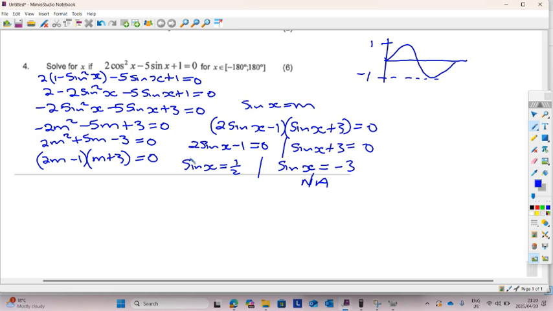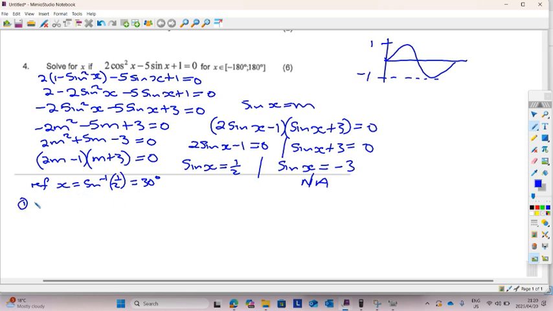And then for this one, your reference angle, x is equal to the inverse of sine, and that is equal to 30 degrees, right? And then it is positive, so we'll go to the first and second quadrants.